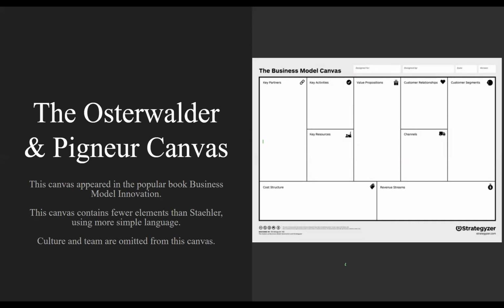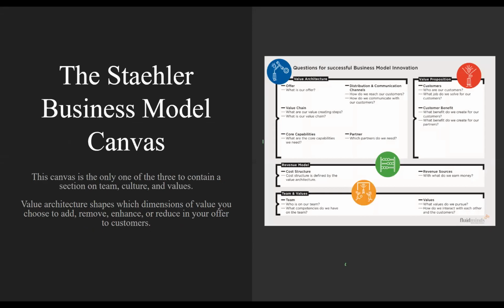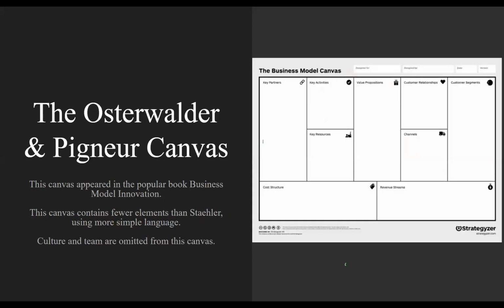This one has fewer topics. I believe there are 9 topics in this canvas, while in the previous canvas there were way more topics and way more questions. It's basically up to you to choose the canvas model of your choice, because if you are more experienced, when they say key partners to you, you would be able to start and write down all your key partners.